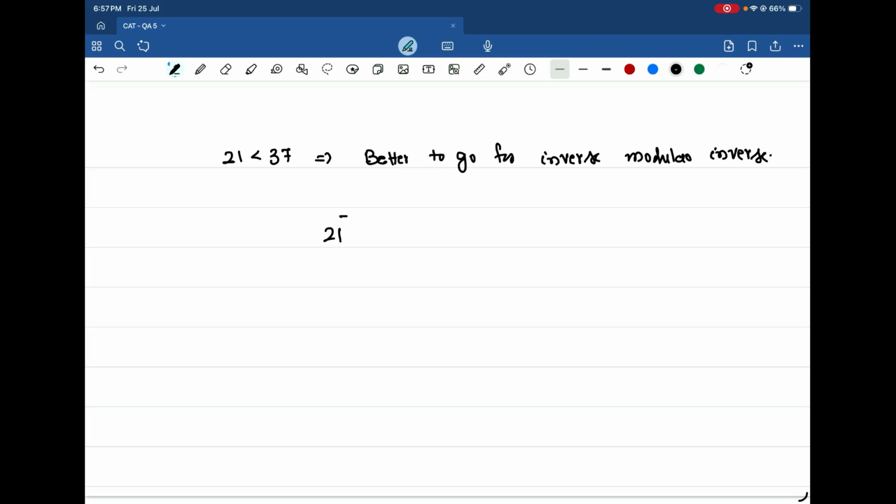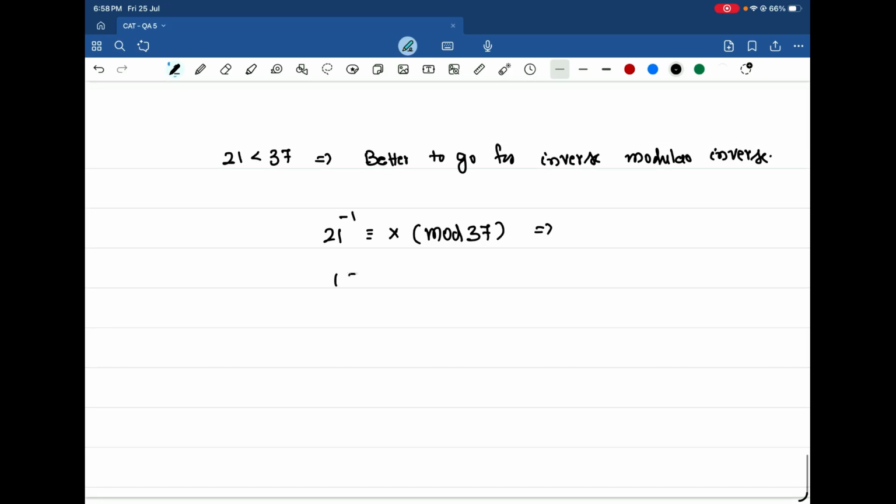21 to the power of minus 1 is equivalent to some value x modulo 37. That implies 1 is equivalent to 21 into x modulo 37. That is, 21 into x, what should that x value be when divided by 37?